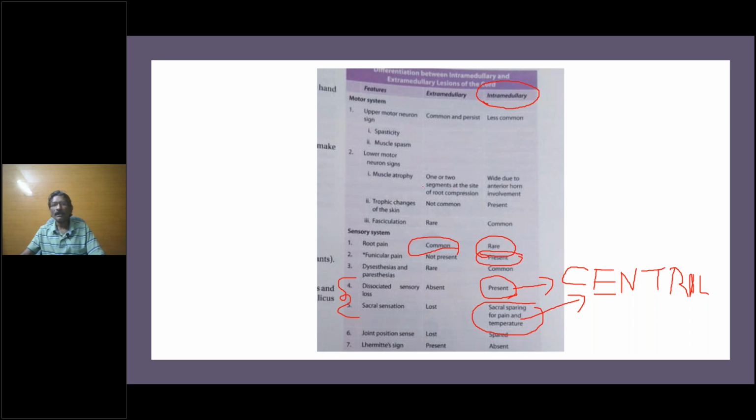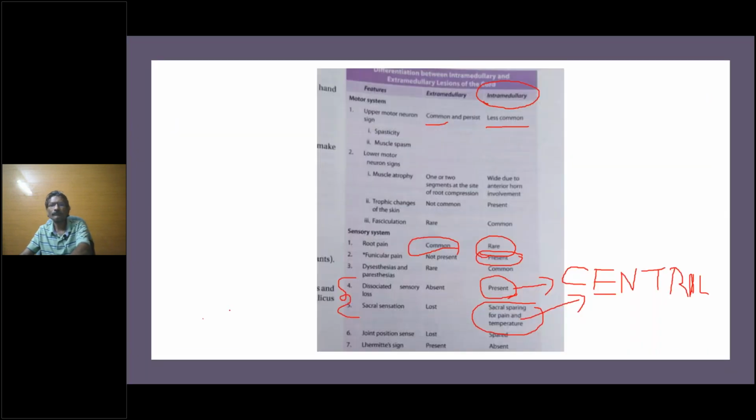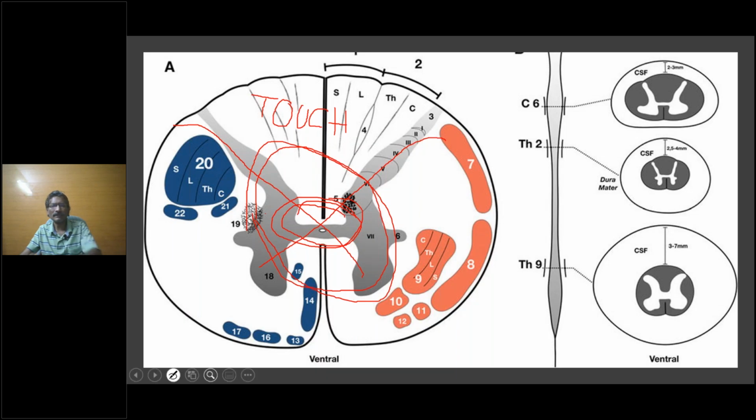Okay. Now going on to the upper motor neuron lesion. So in extramedullary it is common. Intramedullary it is less common. Again, it is not a rule. Again, this is based on the same diagram.